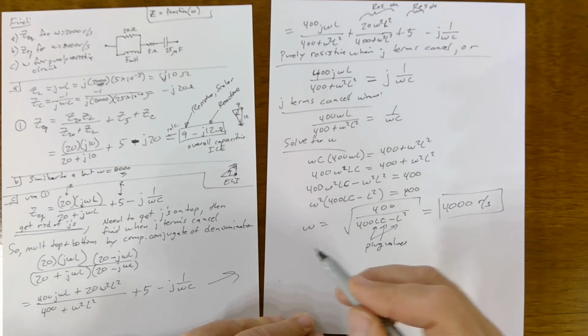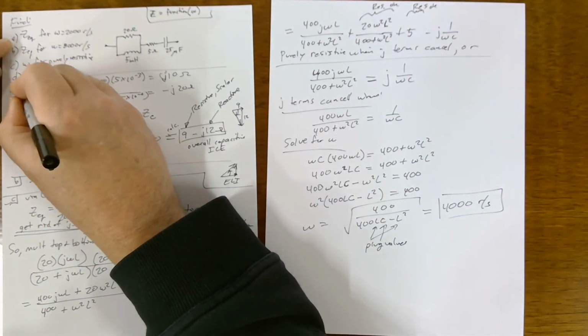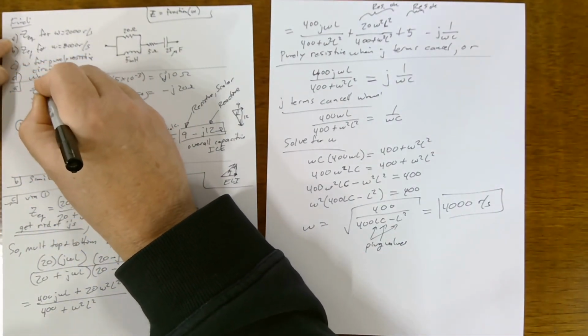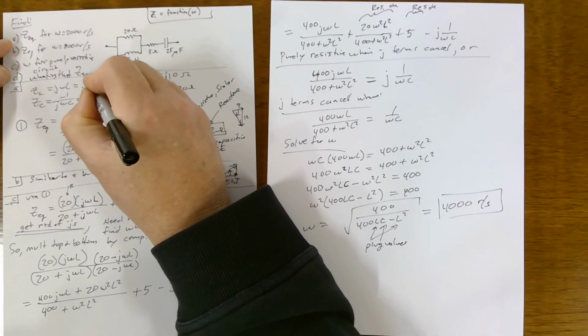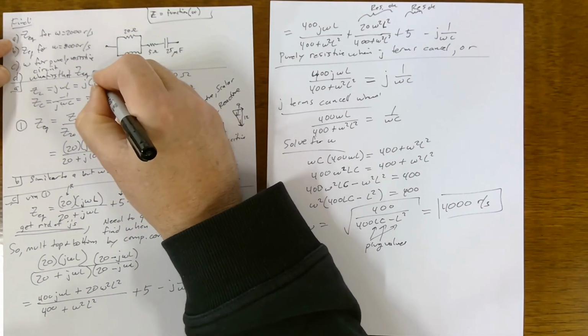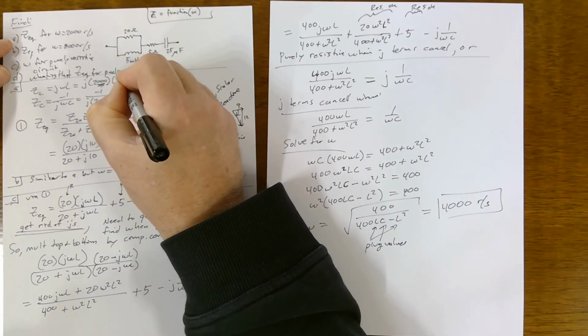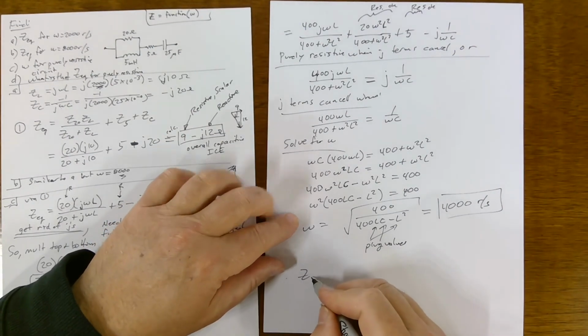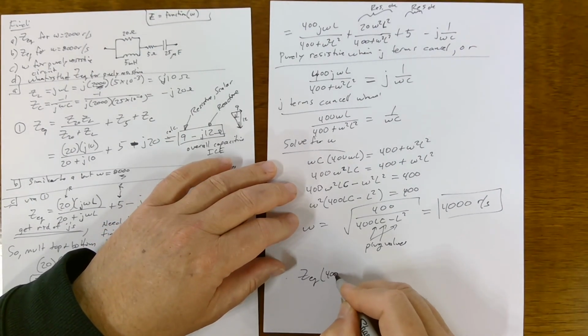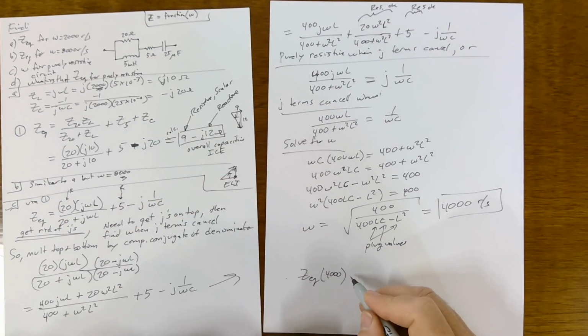And then I missed part D. What is that? Z equivalent for purely resistive. What is it? It's Z equivalent at 4,000, right?